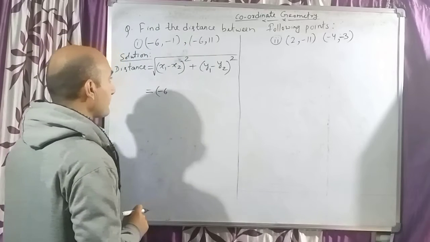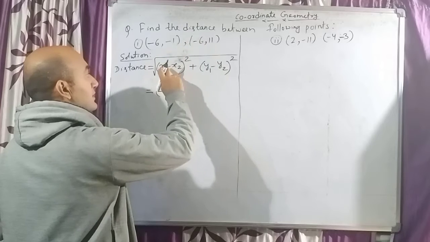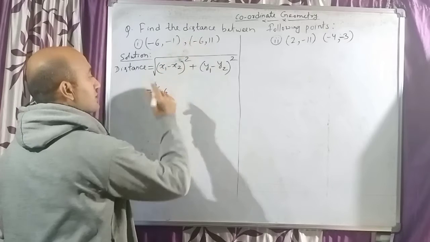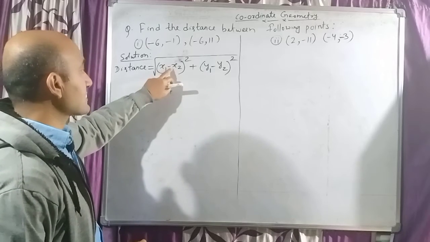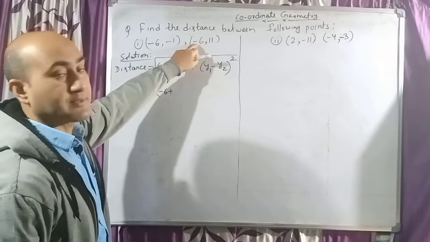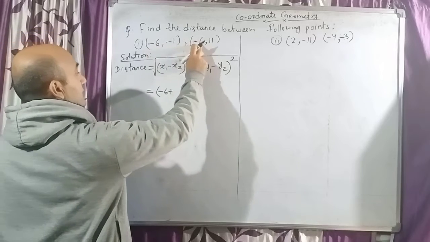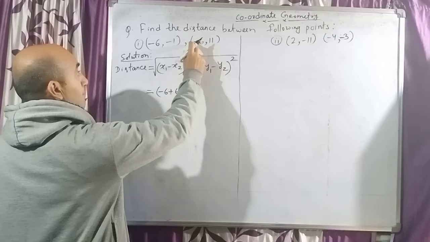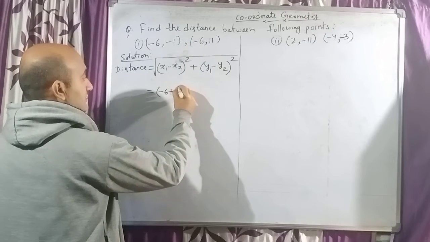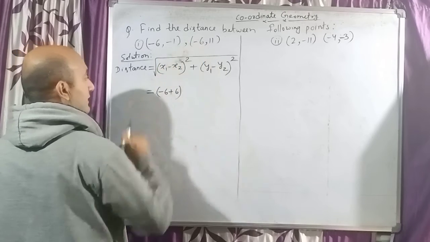That means I have to subtract minus with minus 6. So this minus and this minus will become plus here. Formula says minus, but this minus will multiply with this minus and become plus. So x1 minus x2, x2 has become plus now, that is 6. Minus 6 became plus 6 because of multiplication of two minus, this minus and this minus.